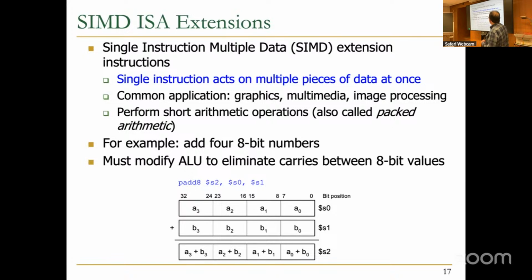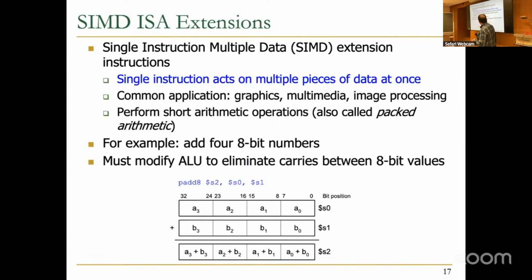And then the idea was to use our current scalar operations. For example, you already have an instruction that can add two 32-bit registers, so you add these two 32-bit registers and then store the result in a third register, for example.